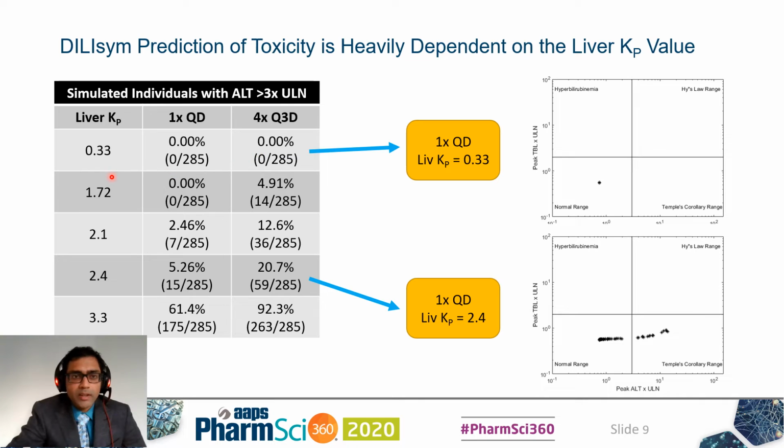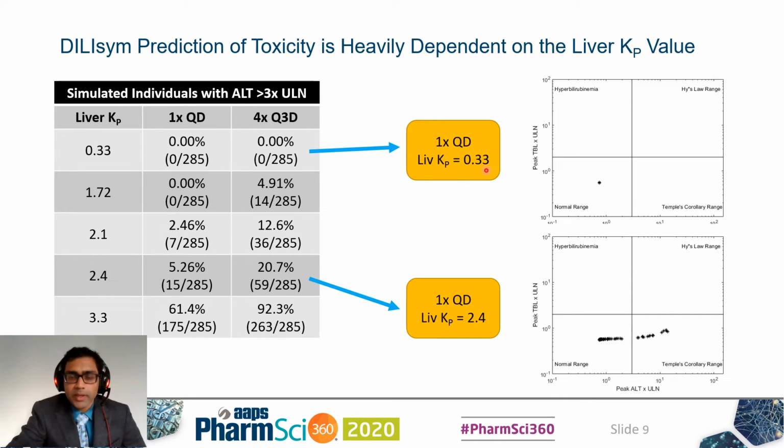For the lowest liver KP value, DILIsym does not predict any ALT elevations. That's indicated in this chart, and then in a little more detail here with the eDISH plot. eDISH is a top line view of the peak ALT level on the x-axis and the peak bilirubin on the y-axis. If the ALT level has passed 3x upper limit of normal and moved from the normal range towards Temple's corollary, then we have a prediction of ALT elevation.